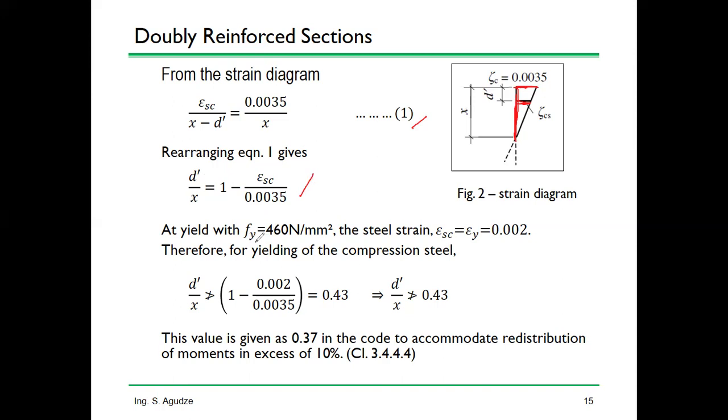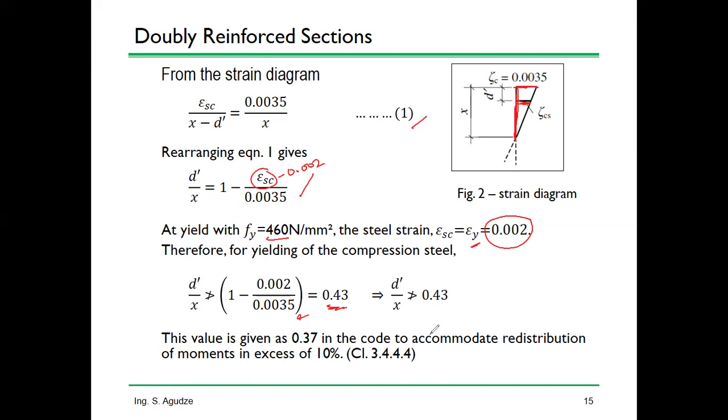For fy of 460, the yield strain is 0.002. If I put this value as 0.002, that will yield a value of 0.43. So d prime over x must not be greater than 0.43.